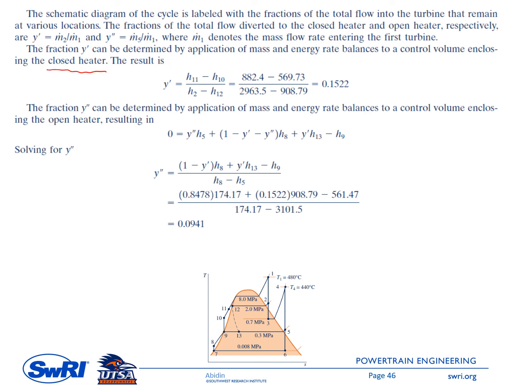You apply the formula from the previous slide, and you will get this y prime as 0.1522. And then the second extracted working fluid going into the open feed water heater, this is y double prime. You apply the energy balance of the open feed water heater, and then you should be able to get the y double prime.